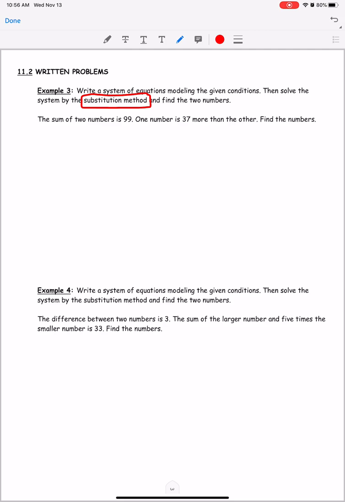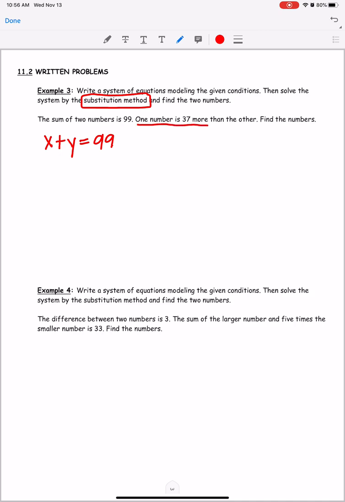Well, I don't know what these two numbers are, but I know they're probably different numbers. So my first equation here is x plus y equals 99. I know when I add these two numbers, it's going to equal 99. So whether that's 60 plus 39, 40 plus 59, whatever the case is, when I add these together, it needs to equal 99.